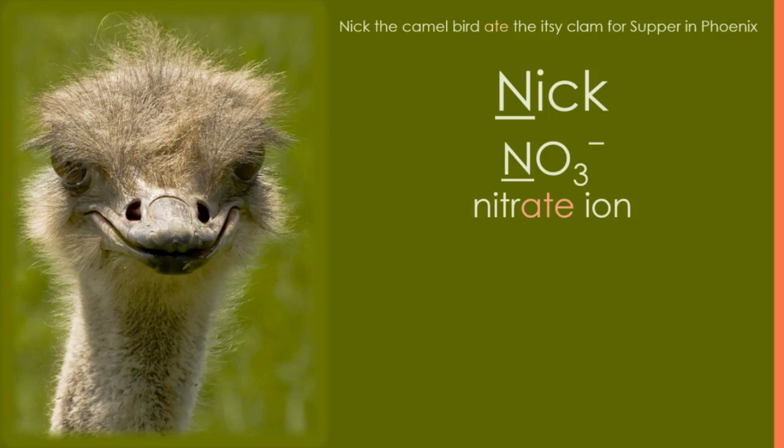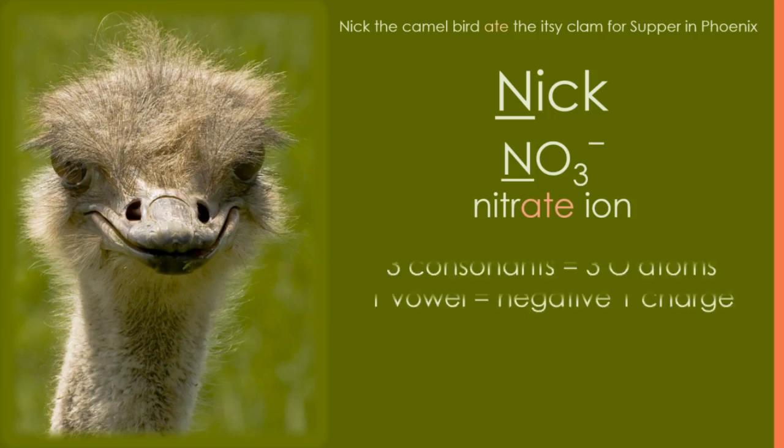So in this case, we have the nitrate ion, starts with N, just like Nick. It has 3 consonants. Nitrate has 3 oxygen atoms. It has 1 vowel, and nitrate has a -1 charge.